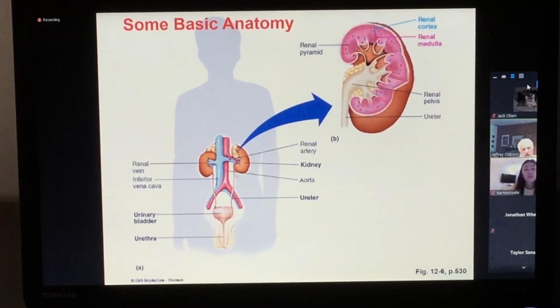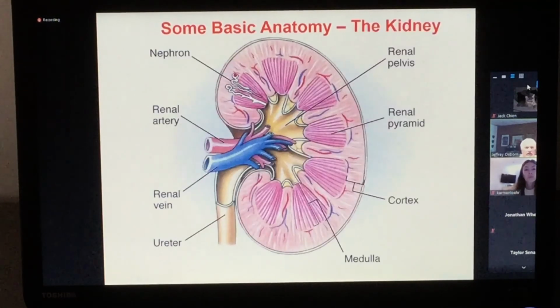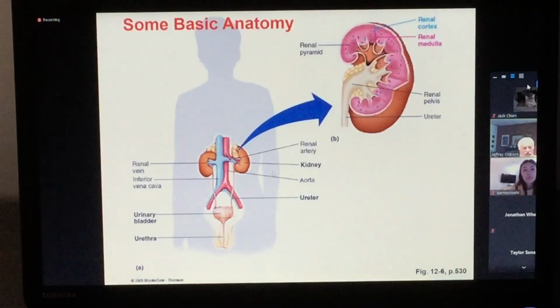And as you can see on the left, the ureters connect to the bladder from both the right side and the left side. Now, the kidneys are perfused by a single artery that branches off the aorta, and they're drained by a vein called the renal vein that drains directly into the inferior vena cava.